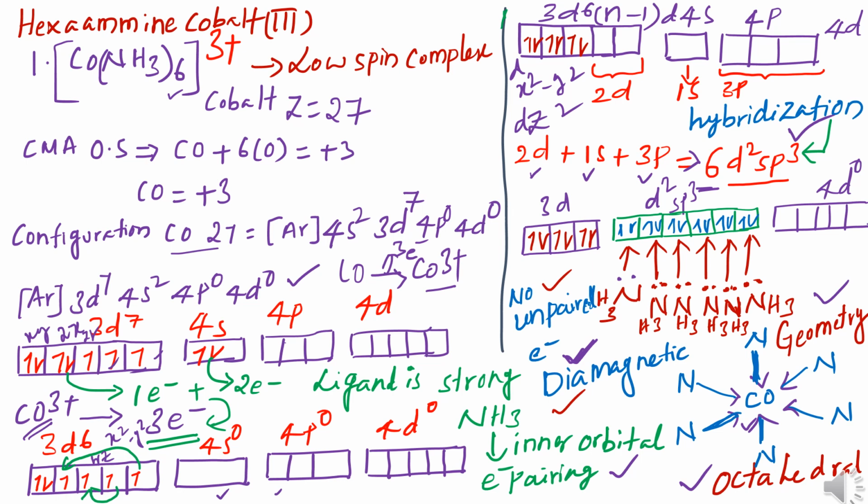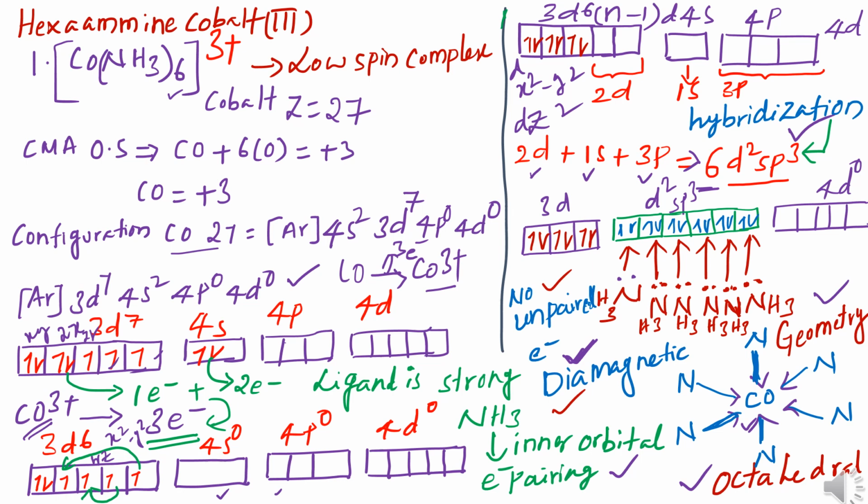Then it means that cobalt 3+ has to provide 6 empty orbitals for the accommodation of 6 pairs of electrons from 6 ammonia molecules. Means total 12 electrons will be contributed by 6 ammonia molecules, which is a strong field ligand, to link up with the cobalt to form 6 coordinate bonds.